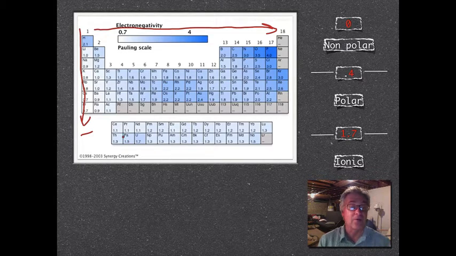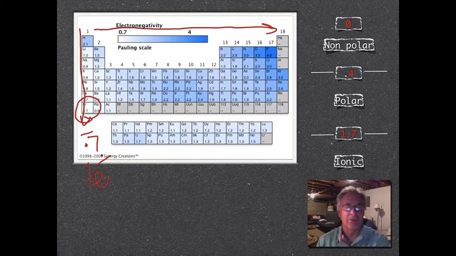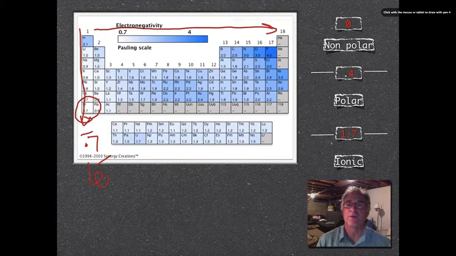So francium over here has an electronegativity of 0.7. It doesn't have a huge desire, primarily because it only has 1 electron. It would just as soon give that up so that it can go to the next level that has 8.